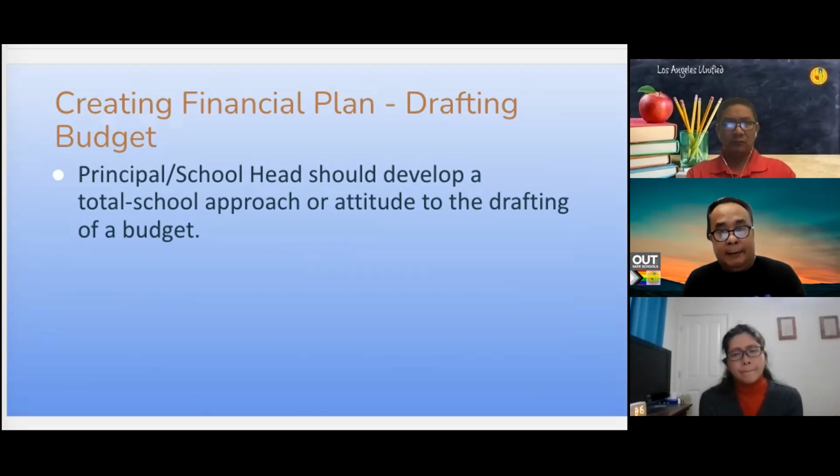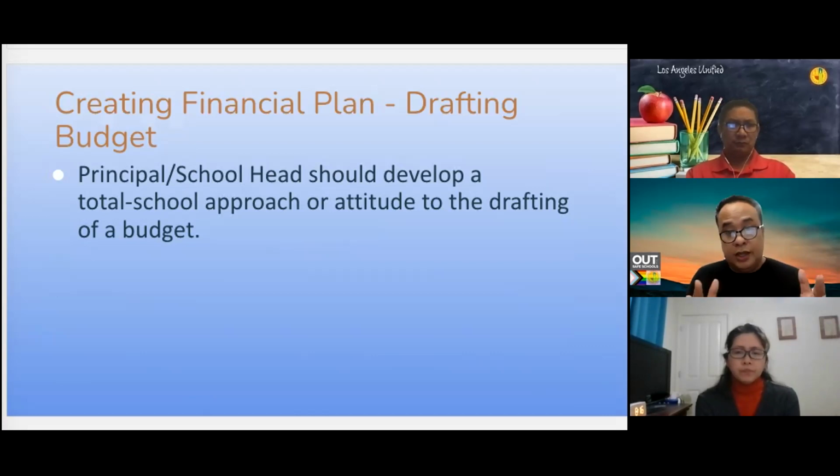In schools here in Los Angeles, we have what we call the local school leadership council, who are in charge of some of the funds that are put into schools, and they decide which money goes to which.